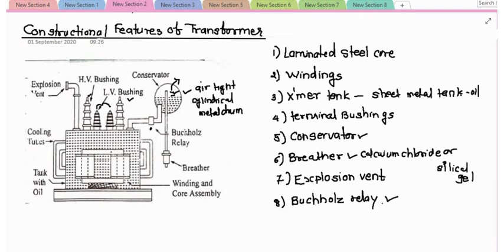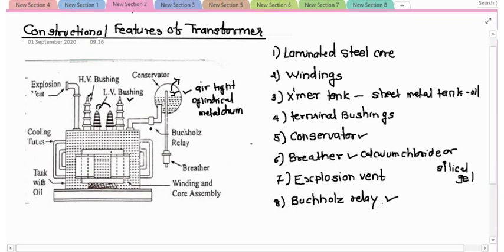These gases operate the Buchholz relay, which in the initial condition only gives an alarm to the operator. But if the fault developed in the transformer turns into a serious fault, then this relay trips off the main circuit breaker. That is the function of the Buchholz relay. It is basically a protective device for faults taking place in the transformer tank.